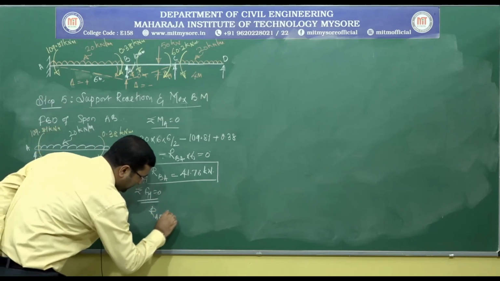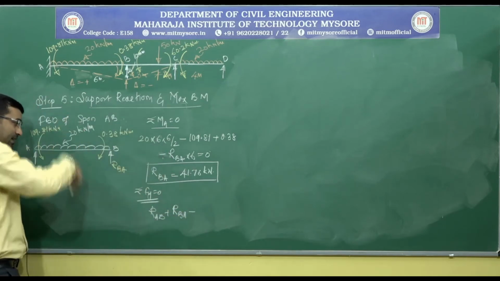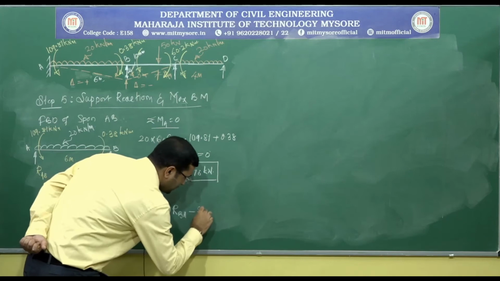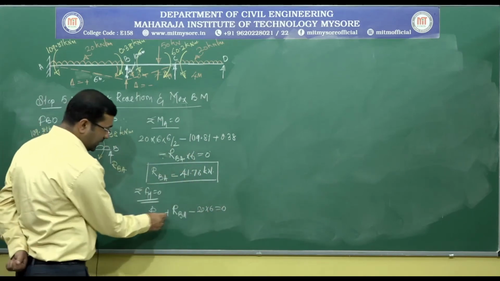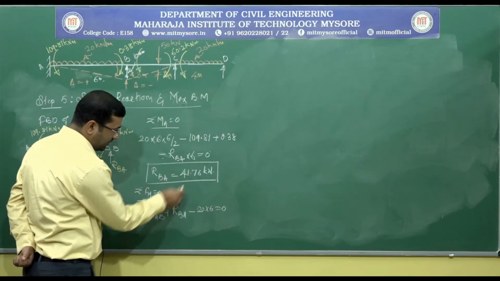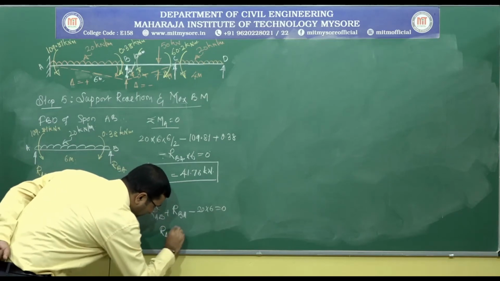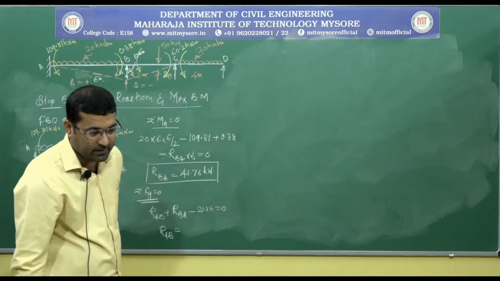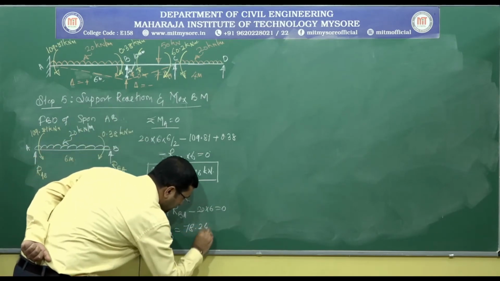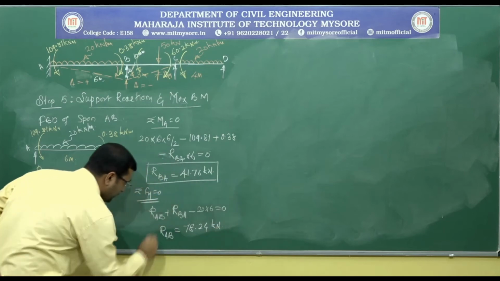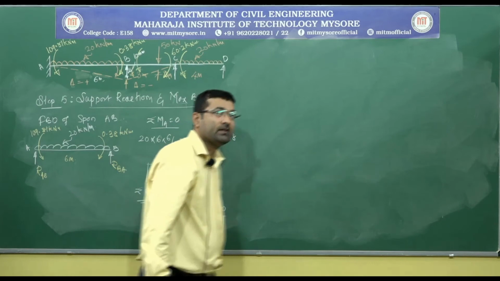So, RAB plus RBA minus this UDL, which is acting vertically downwards, so it is 20 into 6, equals to 0. Here in this equation we have the value of RBA. If I substitute that, we will get the value of RAB as 78.24 kilonewtons, right.